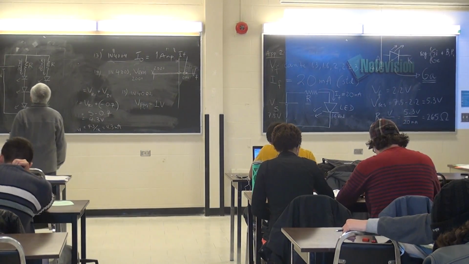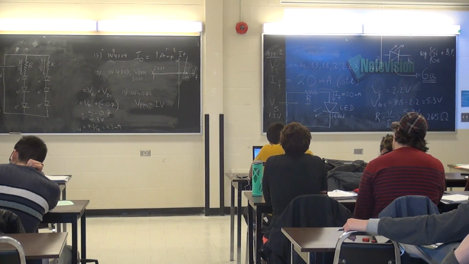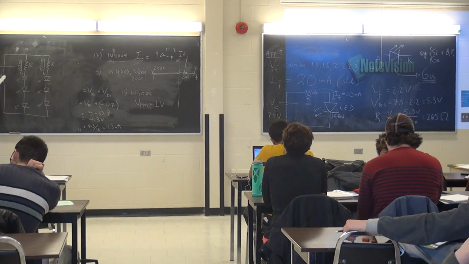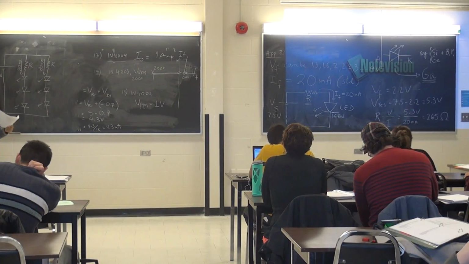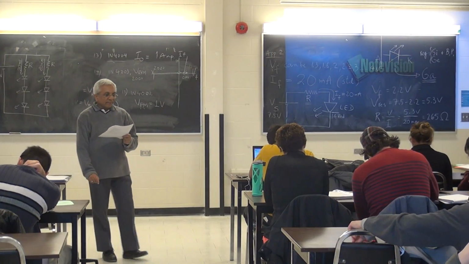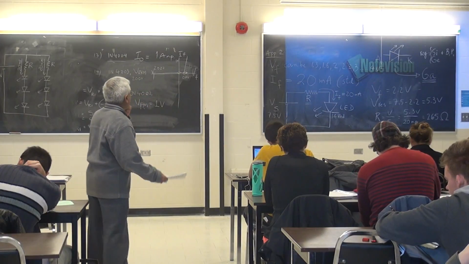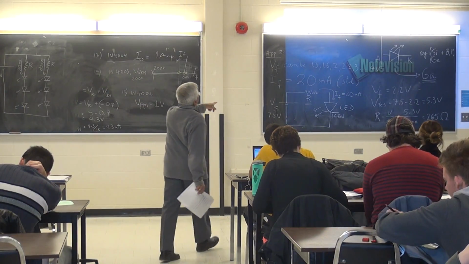And so these are the kind of circuits that are built for them. 12 volts, R and R, and 3 LEDs. So find the resistor size. Let's find out how much the resistor value is, similar to what we did here.